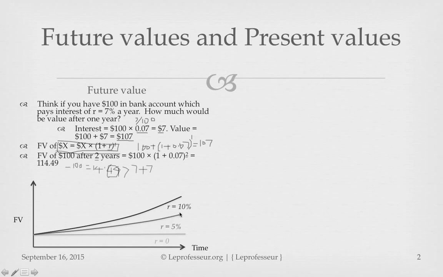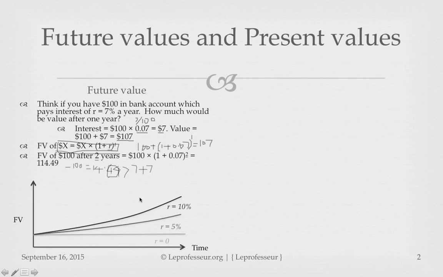Your value is not increasing, it's the same. If your interest rate is 5, it has some slope. If your interest rate is 10, it's more steep. So see how exponentially your future value is increasing with time depending upon the interest rate. So interest rate plays a big role. It's almost a magical thing.